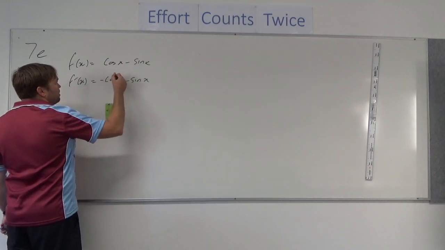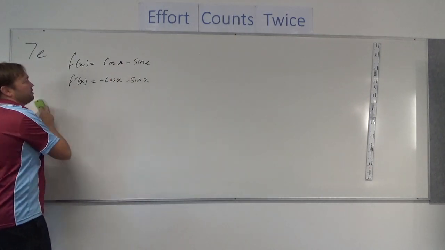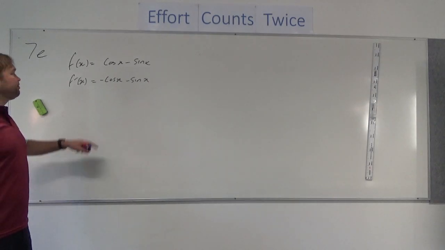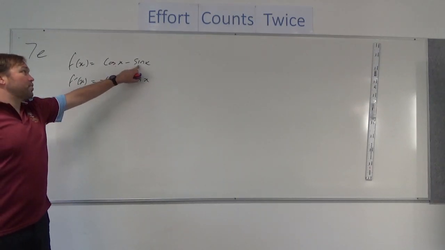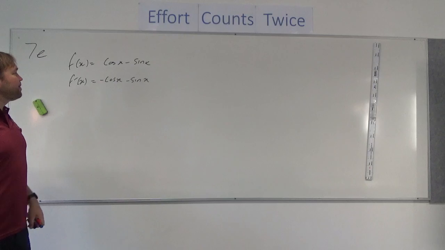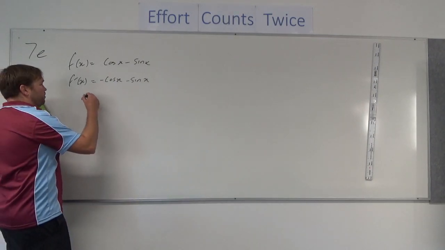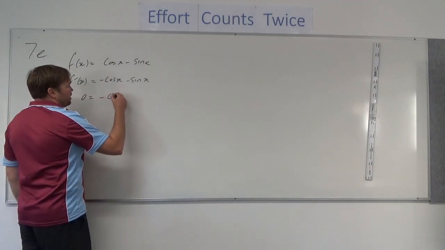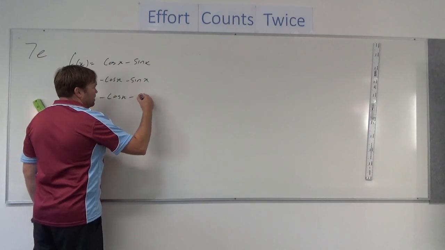Except it's a negative already, so it's negative cos x. And the minus sine, that's already negative, doesn't change, so it becomes cos. Now I set it equal to 0. 0 equals minus cos x minus sine x.